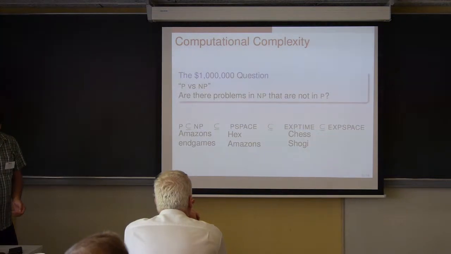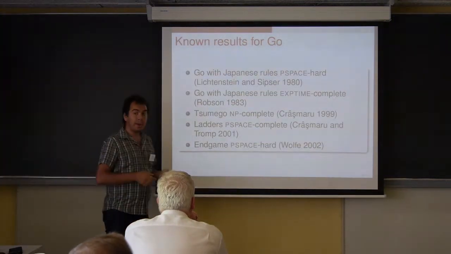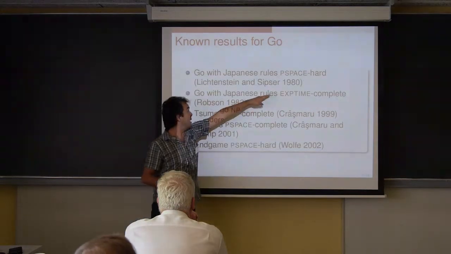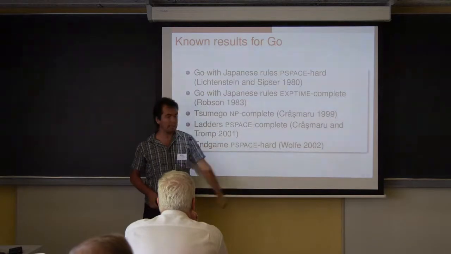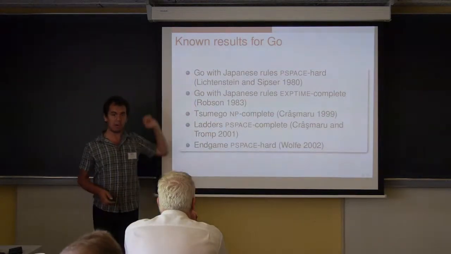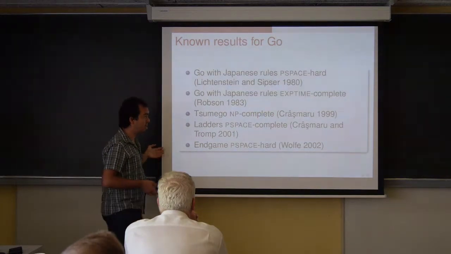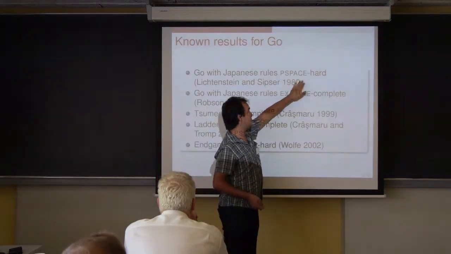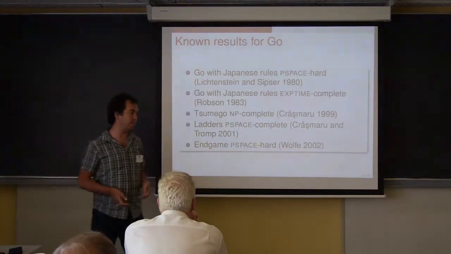So where does Go lie? Well, one very early paper, 1980, has shown that the game of Go played with Japanese rules was PSPACE-hard. Actually, this also holds for Go with Chinese rules. I'm saying that it's an early paper because the complexity class PSPACE was defined just 2 years before, maybe 1 year before.